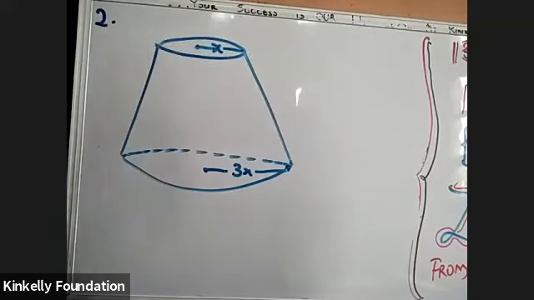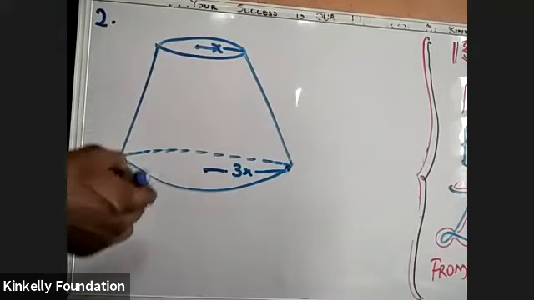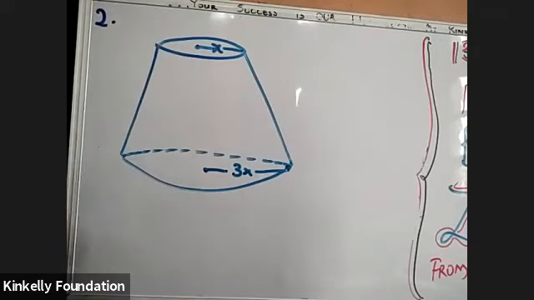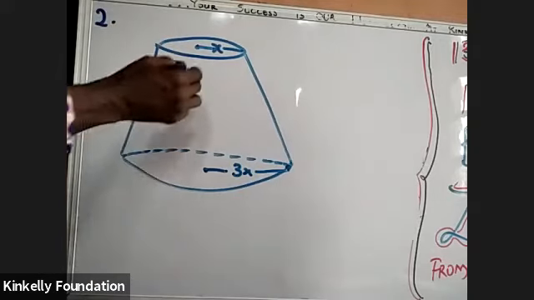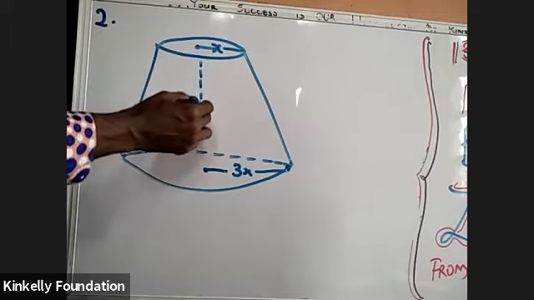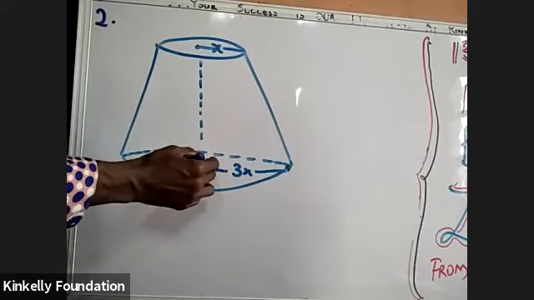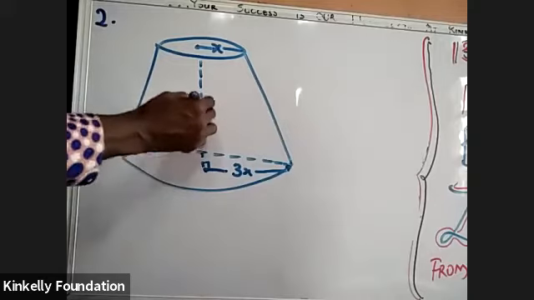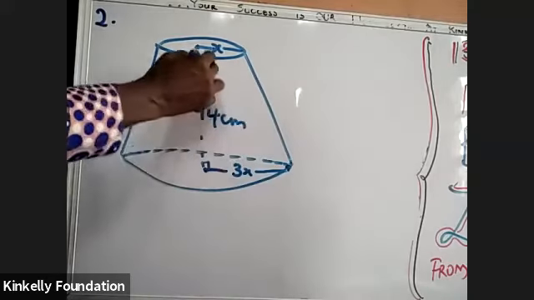You see it now. The bottom radius is thrice the top radius. And the height of the frustum is 14 cm. This is 14 what? You know this is perpendicular. Here it is 14 cm.